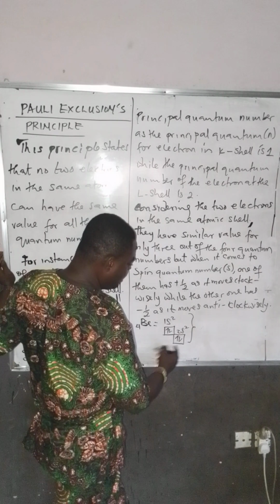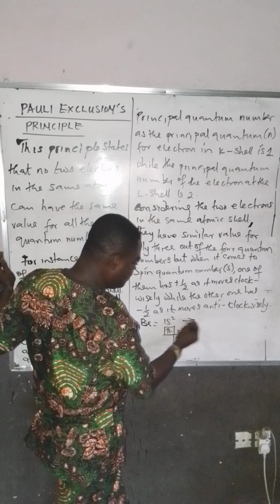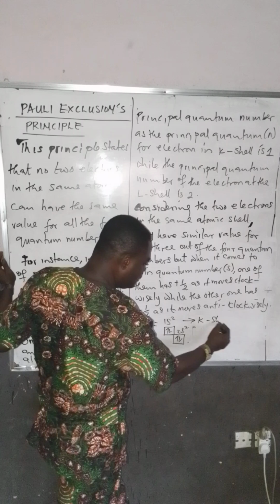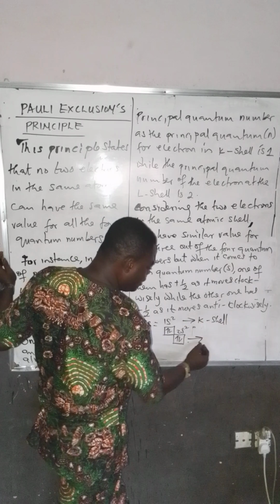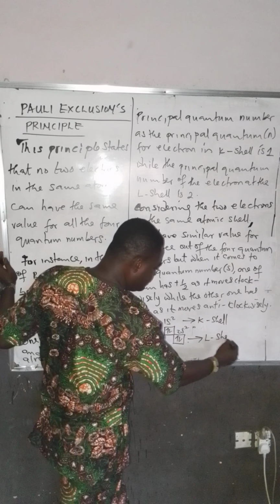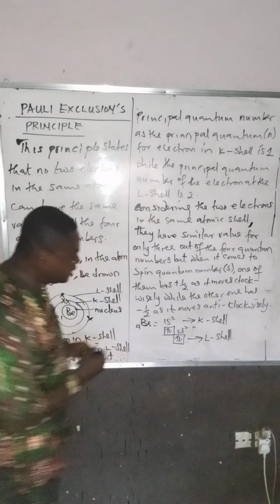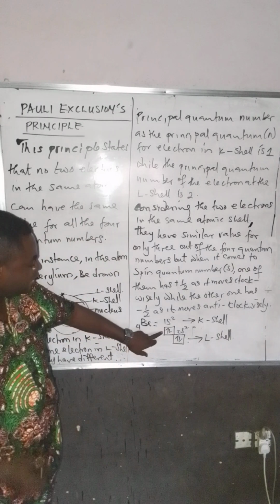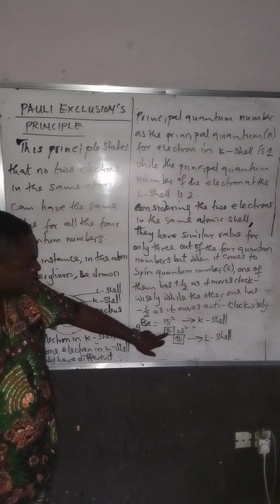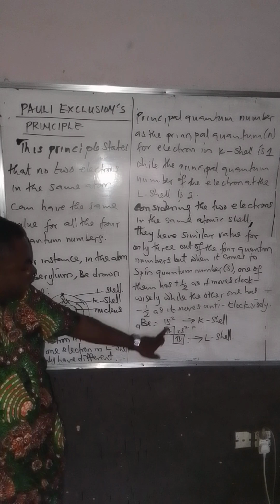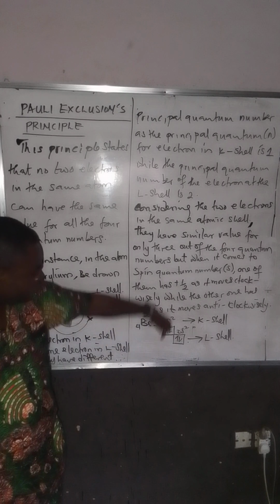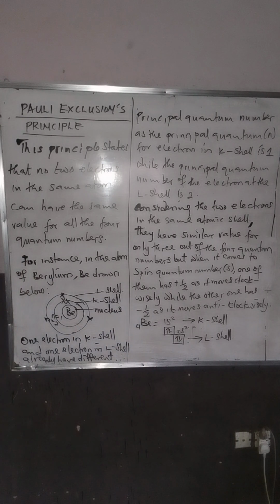This is the K shell, while this one is the L shell.